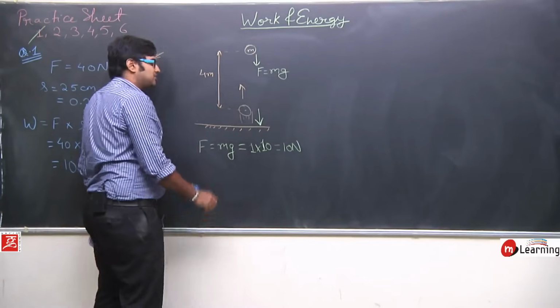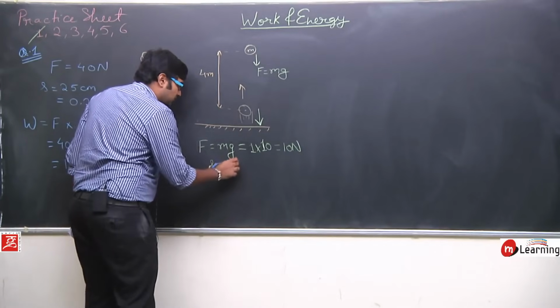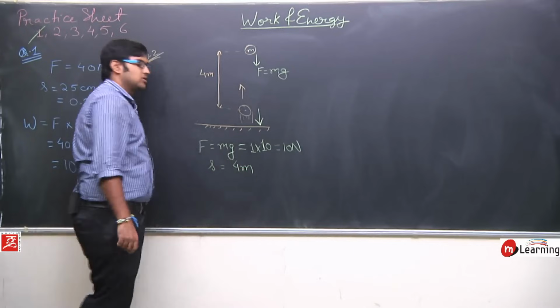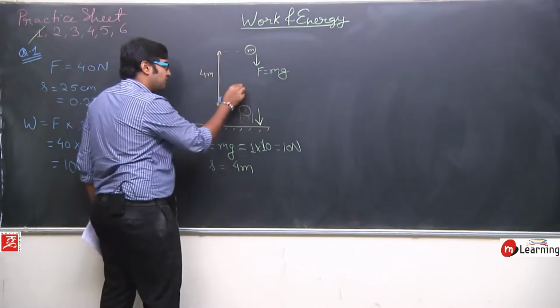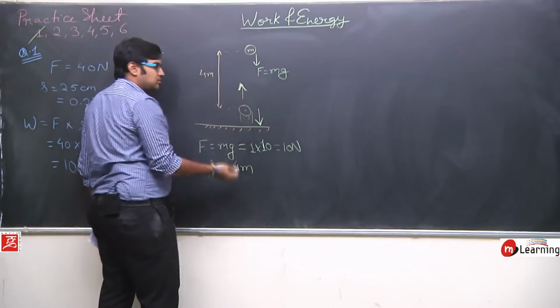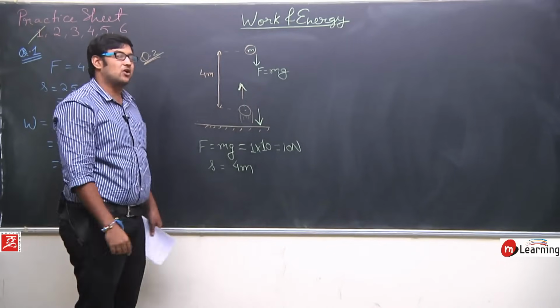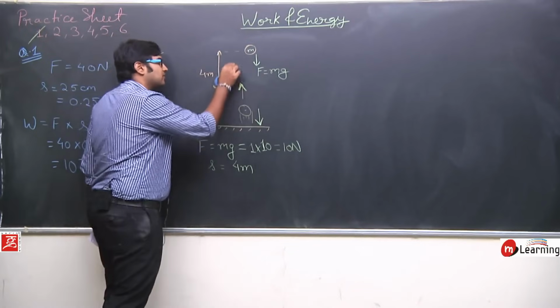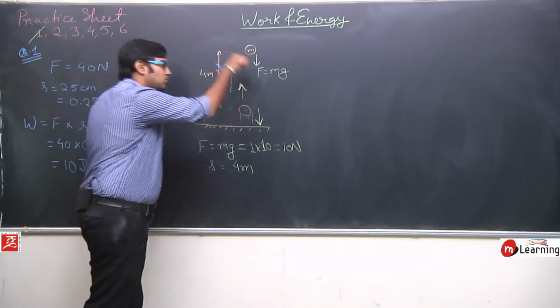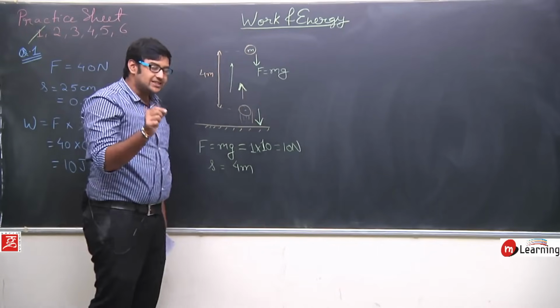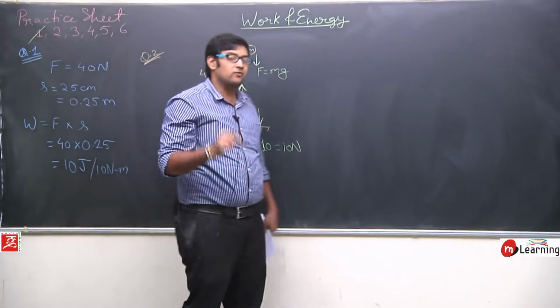And what is the displacement? Displacement is 4 meters. But the ball is moving upwards, that is the direction of displacement is upward, while the force that gravity applies is downwards. So is the displacement in the direction of force?